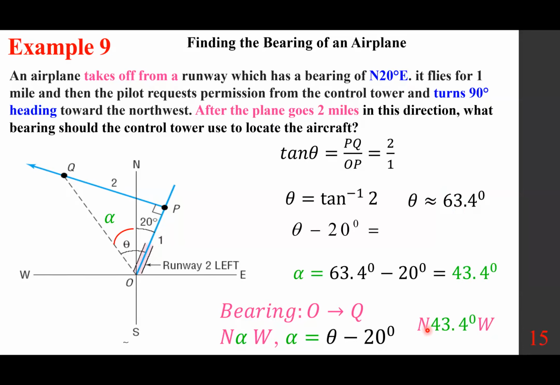So we have north 43.4 degrees west. Okay, it's very straightforward, everybody.